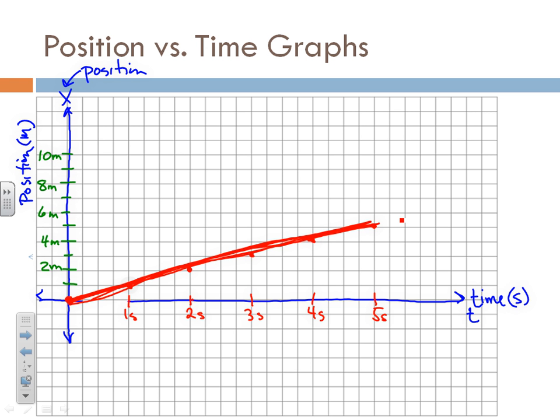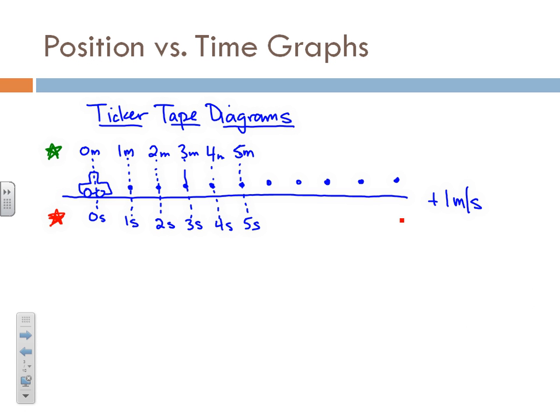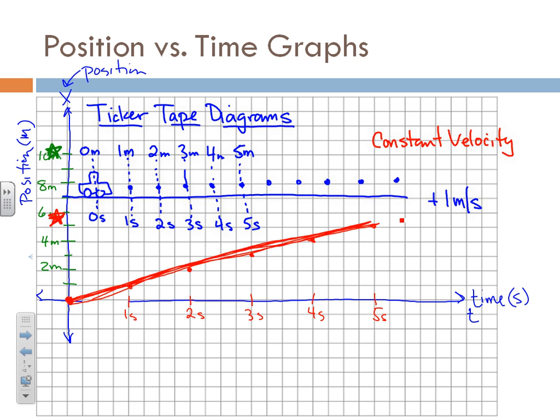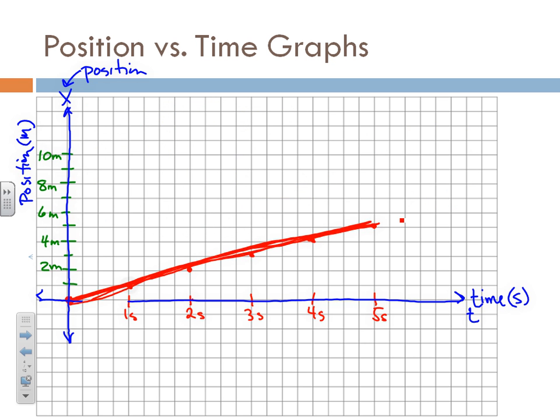So what's the significance of this line, and what is it telling us? Well, the shape of these graphs is telling us about the way that the object is moving. If we think about our ticker tape diagram, this is for an object that's traveling at a constant velocity. So on a position versus time graph, constant velocity looks like a straight line.